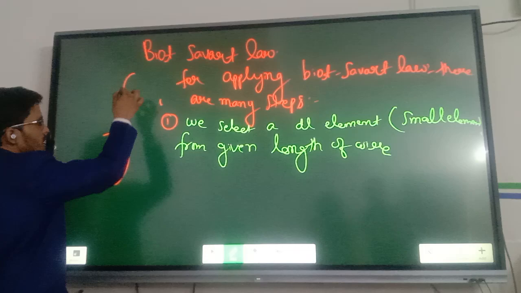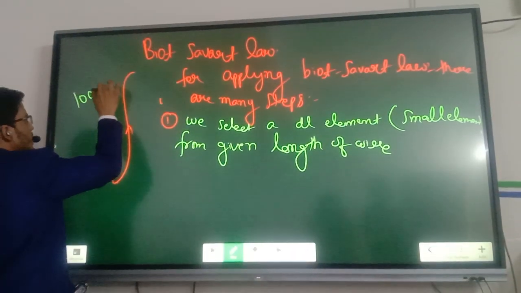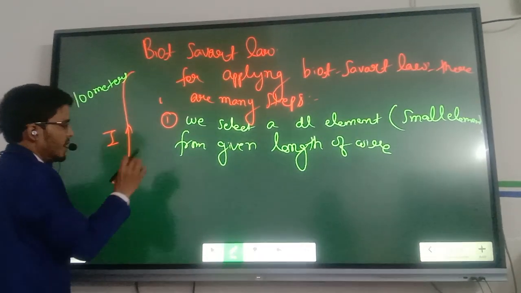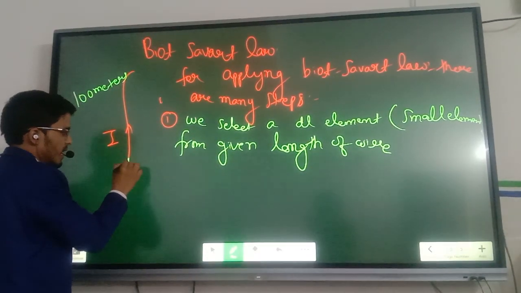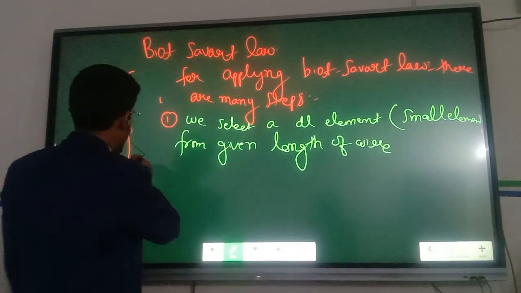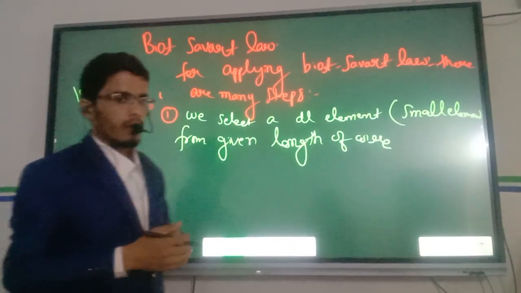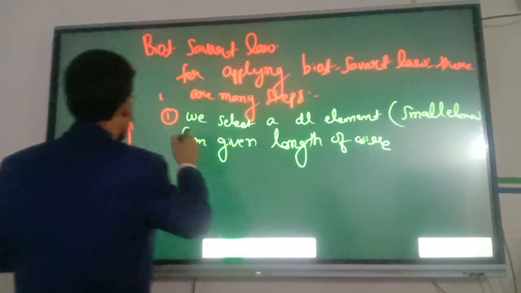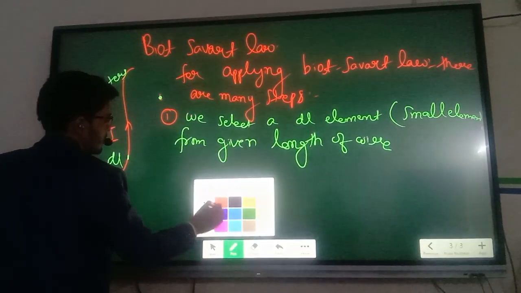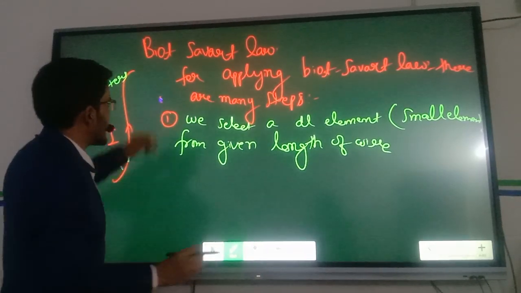Suppose the length of the wire is finite, suppose 100 meters. So first we select a dl element, a small element. Okay, and now by using the Biot-Savart law, suppose this point is given, and we have to calculate the magnetic field at this point.